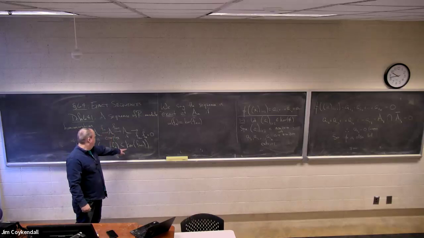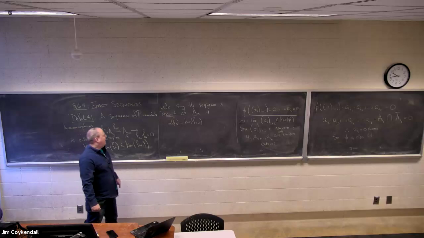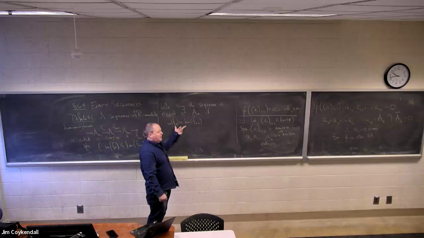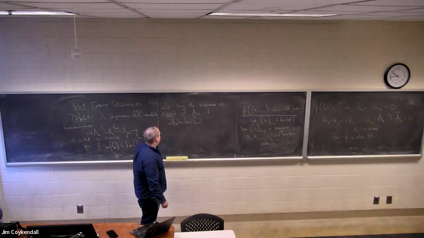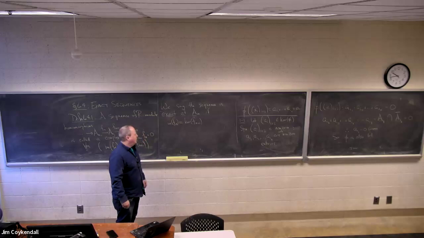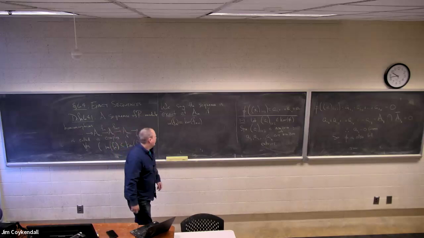So complex means this everywhere. Exact at n means that you get an equality. So it's a special type of complex at that point. You get equality of the image of F_n and the kernel of F_{n+1}.